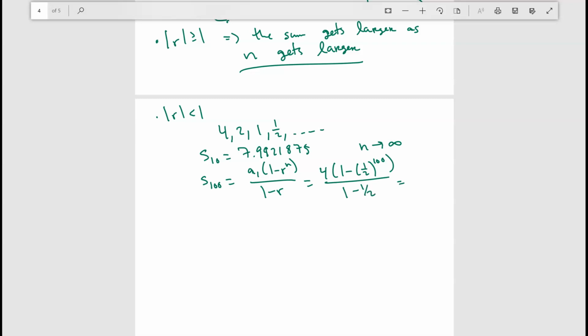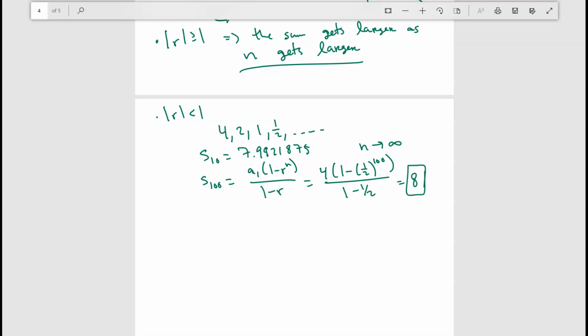Is it going to get bigger and bigger, or is it going to do something else? I take 1/2 raised to the power of 100, and then divide by 1 minus 1/2. And what I ended up getting is 8.